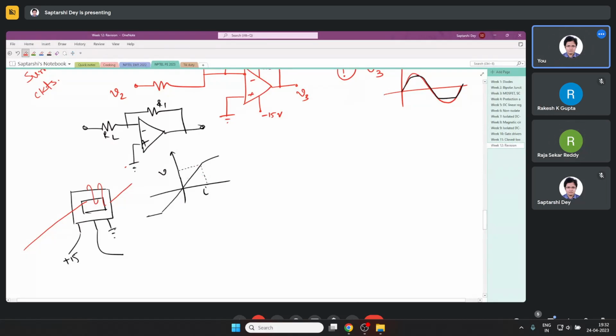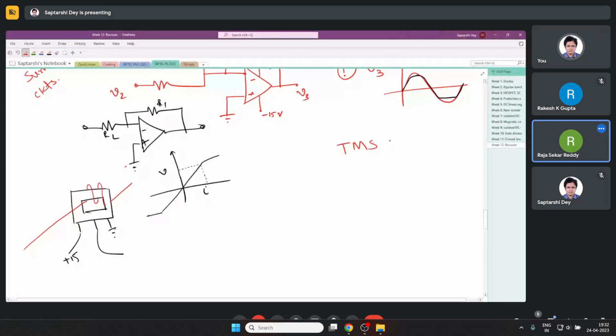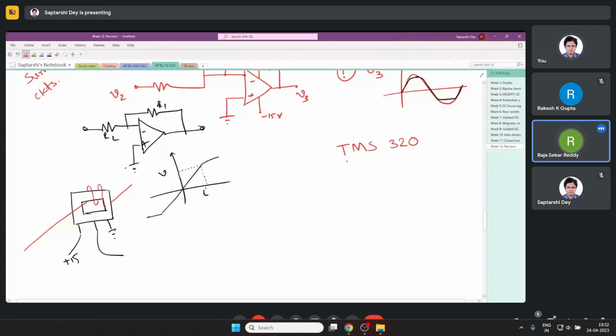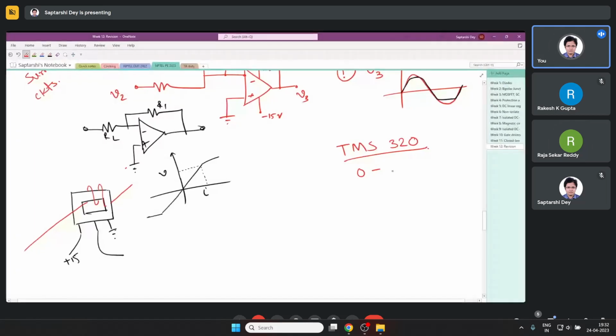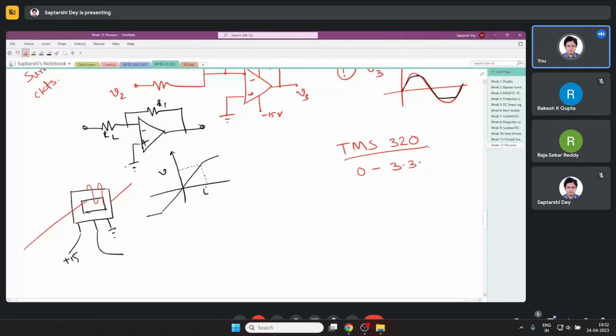But the thing is, I was using one TMS 320 microcontroller to control the motor, and TMS 320 can operate only in the zone 0 to 3.3 volt. So whatever signal I am getting, I will feed it to the ADC of the TMS 320, but I cannot directly feed it because the voltage level is very high, maybe say 15 volt it is giving.